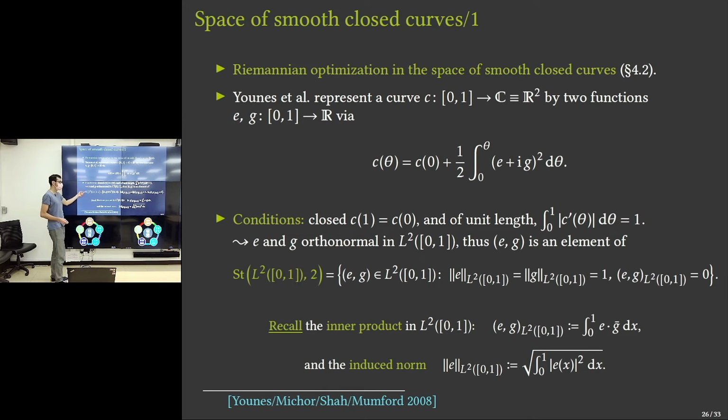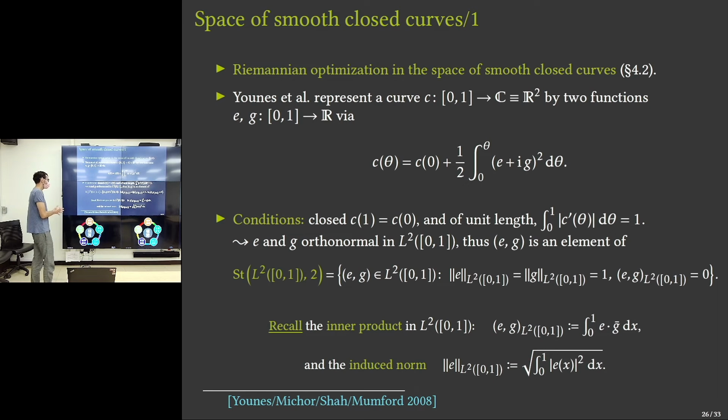And this set is exactly a Stiefel manifold. In the paper they reverse the parameters. This is our usual case with p equal to 2, a Stiefel manifold on L2 on the unit interval. In the sense that if we discretize this, it will really be something that we have already seen.